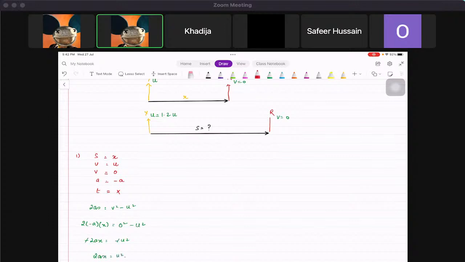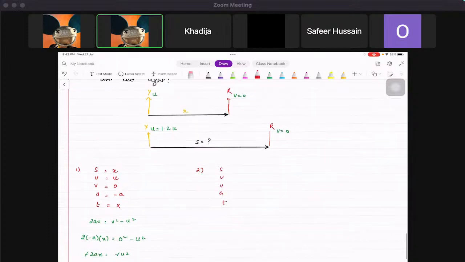Then in the next set, you'll write SUVAT for the distance we want to know. The initial velocity was 1.2u, the final has to be 0, this is the same deceleration, and the time is not known. So I'm going to use the same equation, 2as equals v square minus u square.